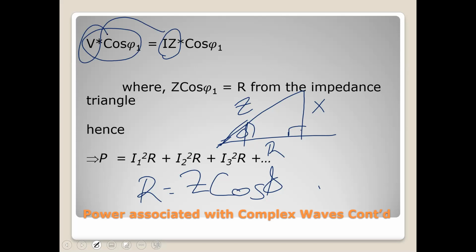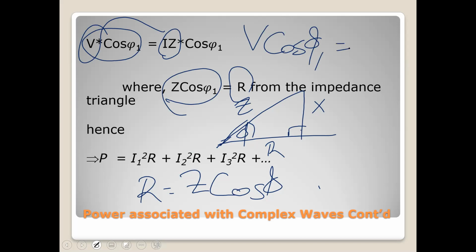And from our power triangle, Z cos phi is equal to R. So if Z cos phi is equal to R, then it means that V cos phi 1 would be equal to I times R. Because Z cos phi 1 is R. So we have IR.